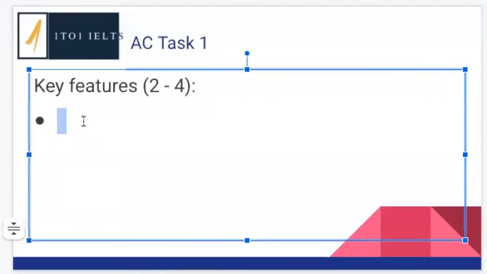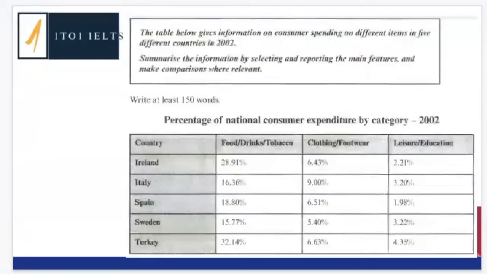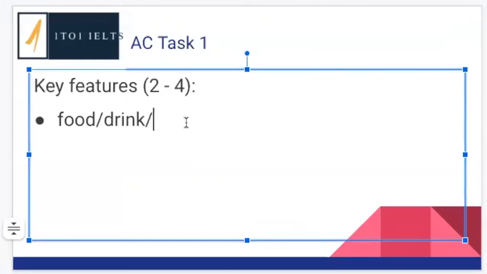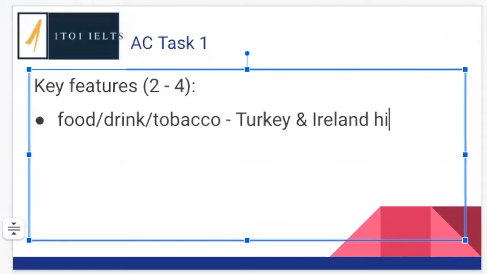So where was it? Food, drink, tobacco. Turkey and Ireland. Right. I remember at the moment we're just note taking, so you can do this in as few words as possible.